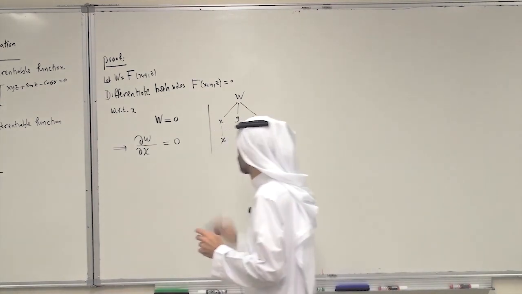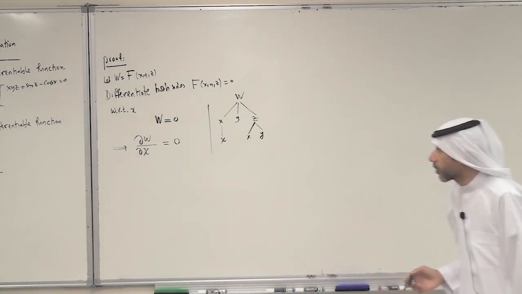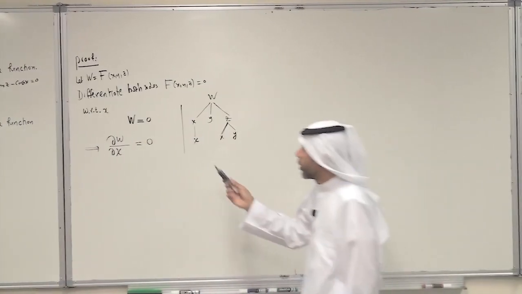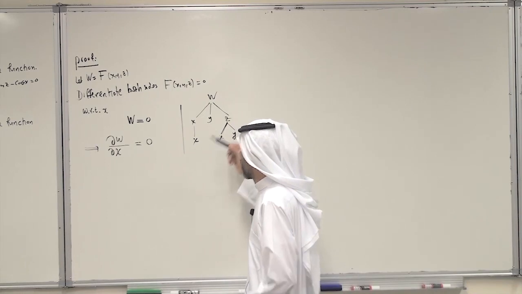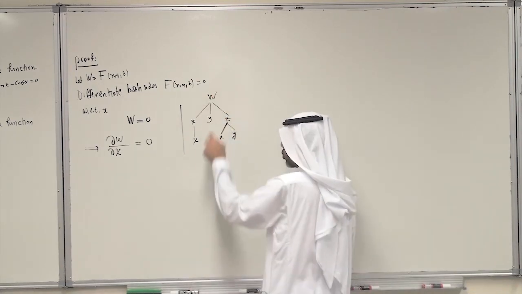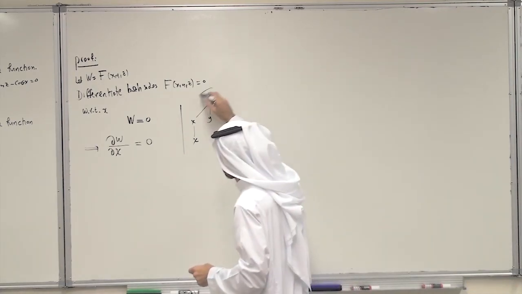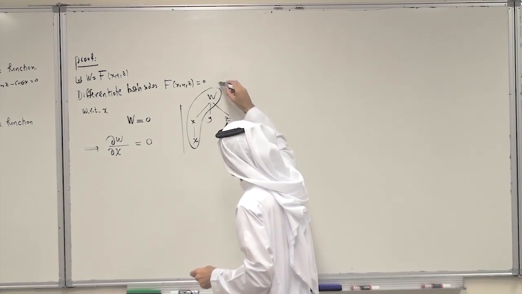For partial w, partial x, by the chain rule, I can go from w to x through x and through z.